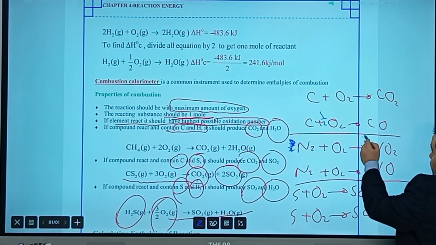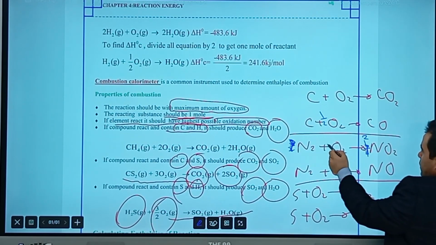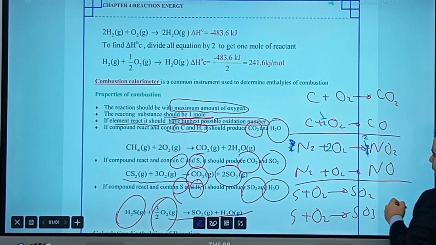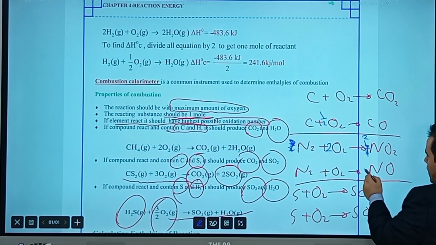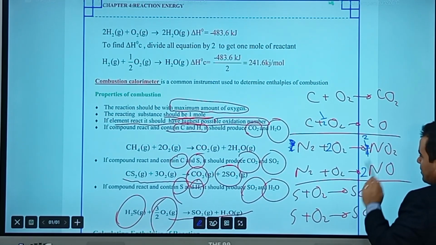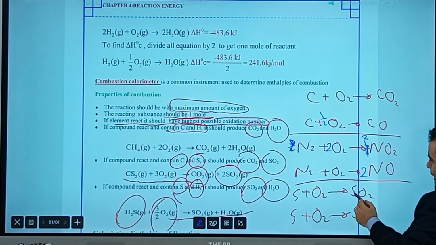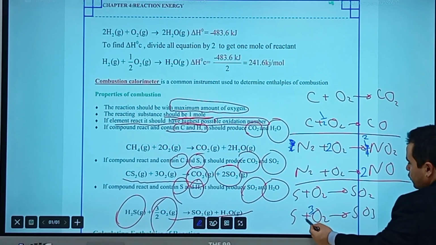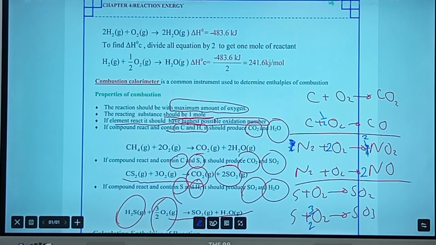Or sorry, 2 multiplied by 2, here oxygen becomes 2, and then here 2NO, that's a balanced equation. SO2, SO3, this is balanced, but for the SO3, 3/2, balance the reaction.